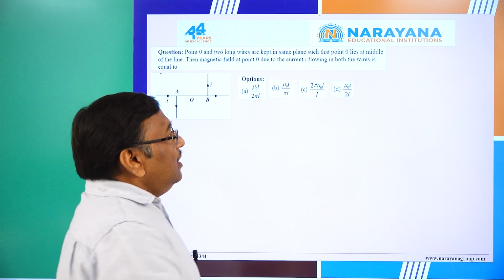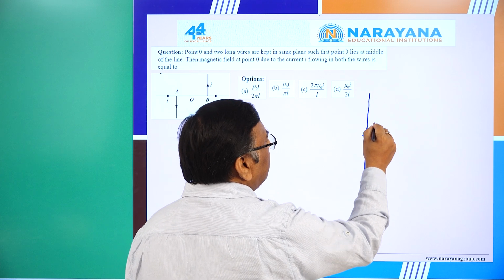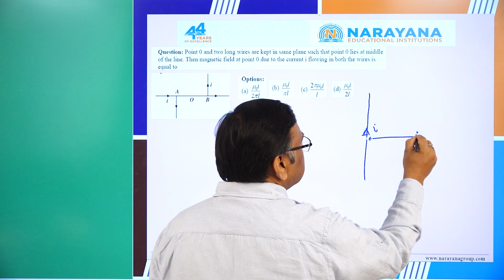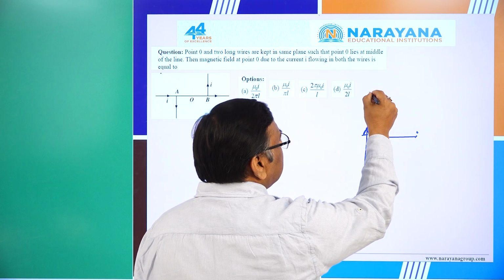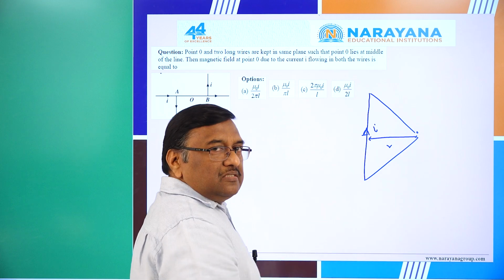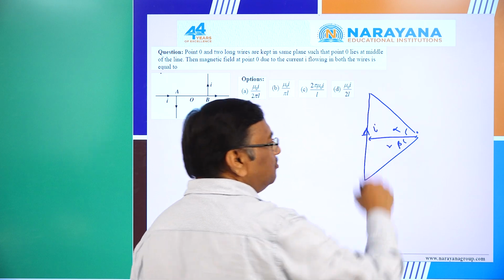We know well, if there is a current carrying conductor carrying some current I, and if you want to find the magnetic field at some distance r from it, such that the extreme ends of this conductor subtend angles, let us say alpha and beta.